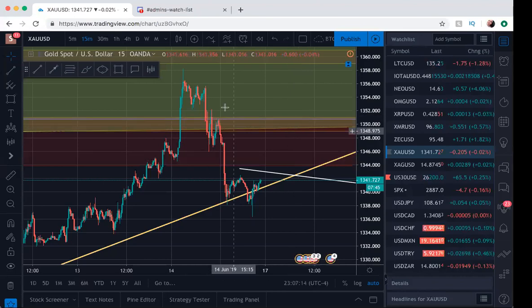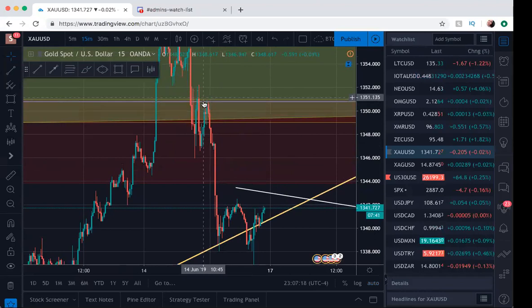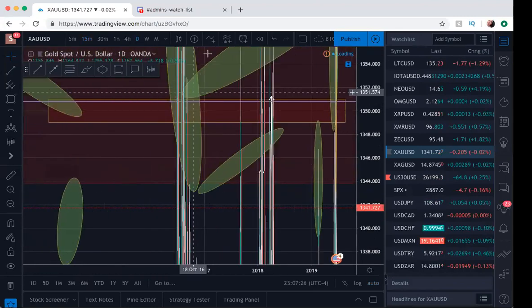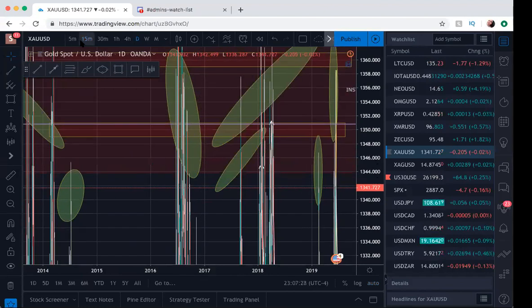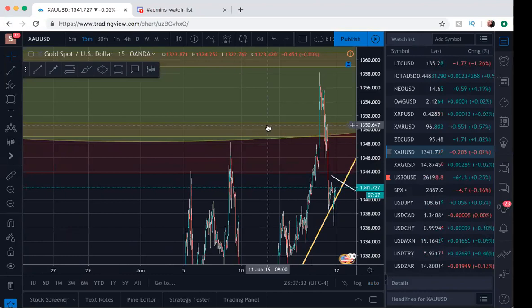Would you be lying if you said 13, 50, 80 was an institutional level? No, you wouldn't be. That's a very respected level. But on macro things, you're kind of taking a shot in the dark when you're placing a level on a 15. So this is why I say you want to start high, go low.